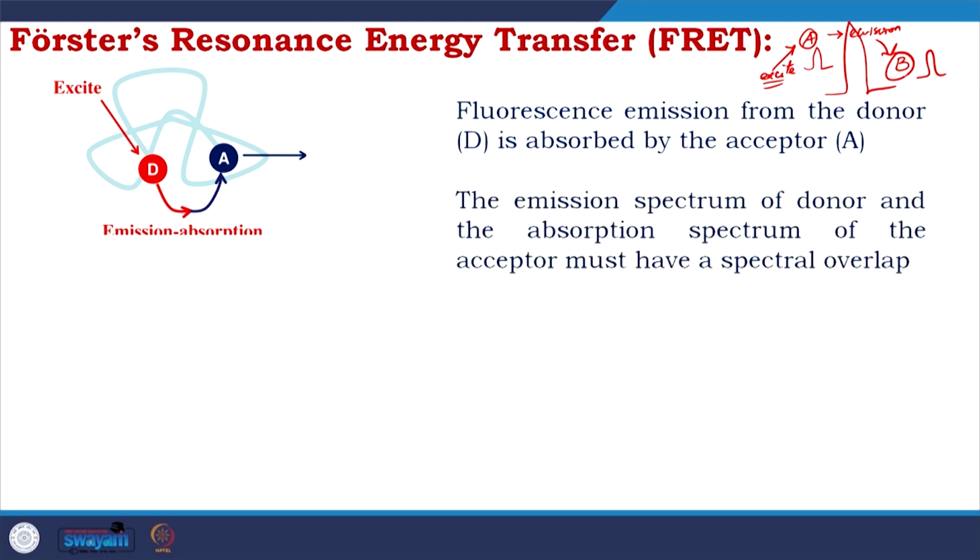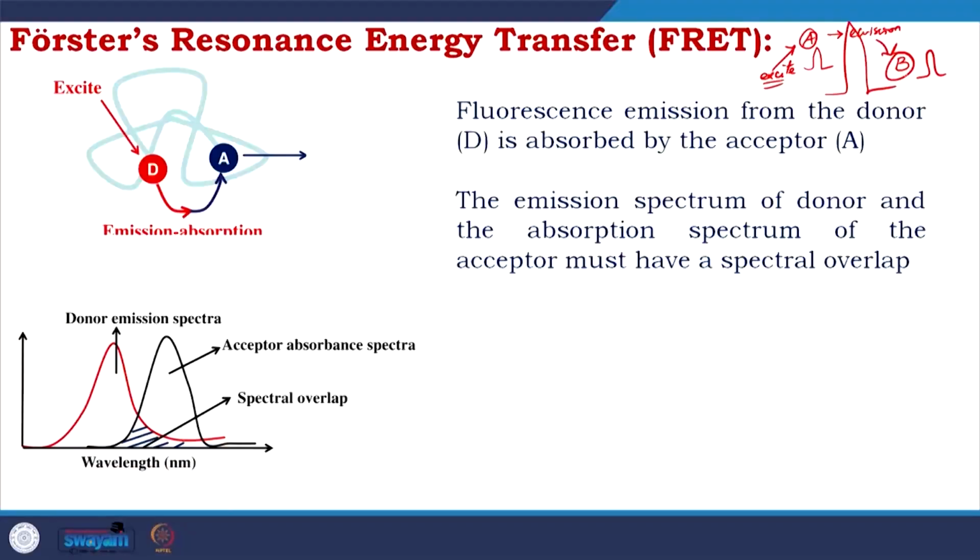The emission spectrum of the donor and the absorption spectrum of the acceptor must have a spectral overlap. That is the relation of two molecules being in FRET relation. So, this is the donor molecule, and this one is the acceptor molecule, and they are overlapping.